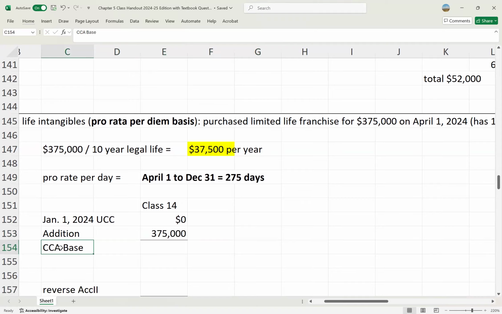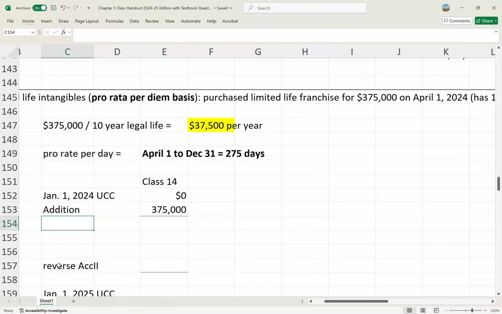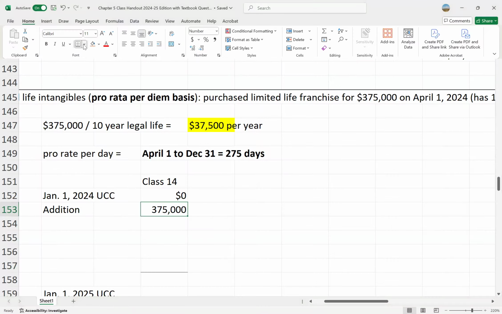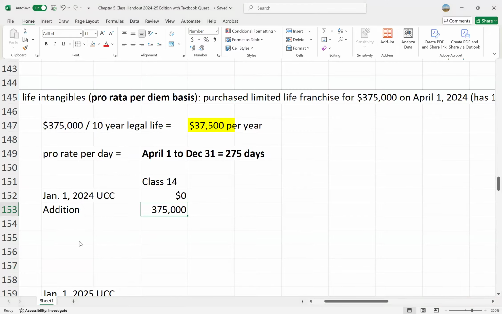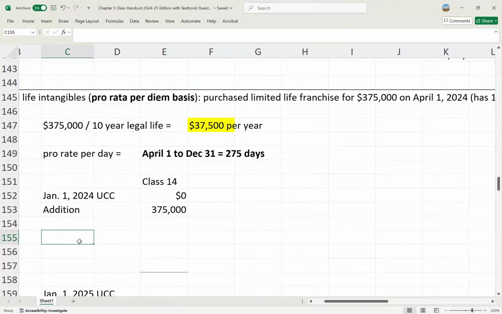Actually, we don't need this CCA base here. We don't need this here as well. So we just sort of get rid of that. So we did confirm that it was 37,500 per year, but because we have to prorate it for the first year, the CCA deduction for the first year is going to be 37,500 times 275 over 365 days.